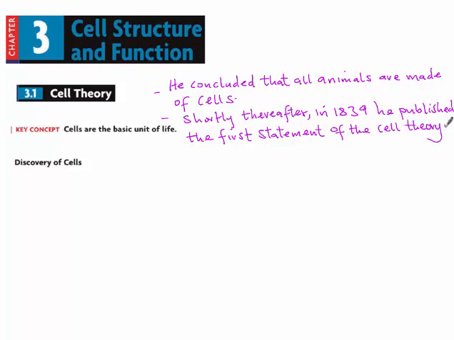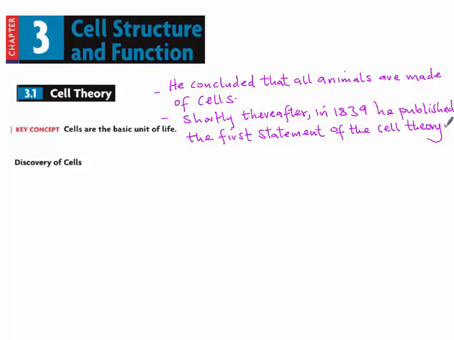So after coming up together with his countryman Matthias Schleiden and discovering that plants and animals are made of cells, he was the first to publish the first statement of the cell theory, concluding that all living things are made of cells and cell products.